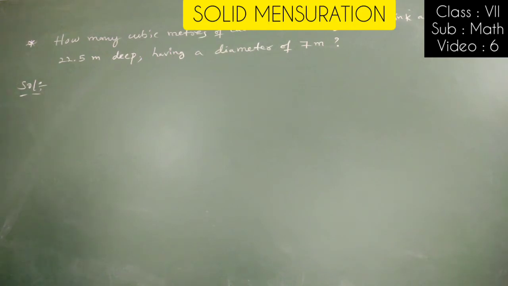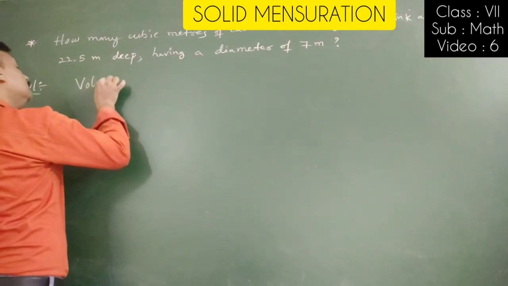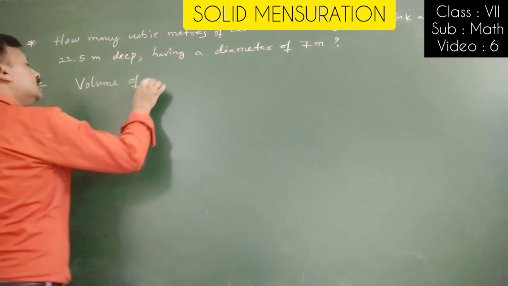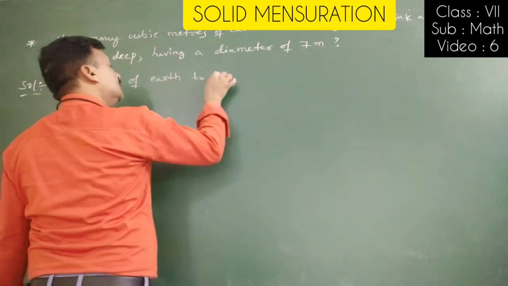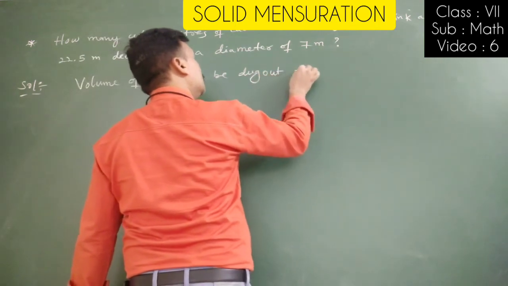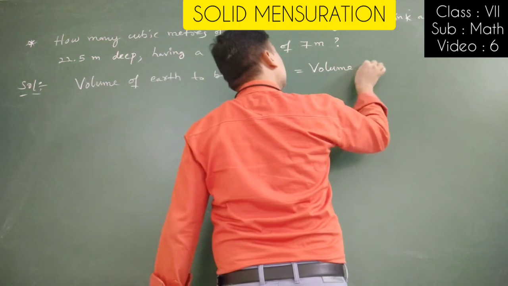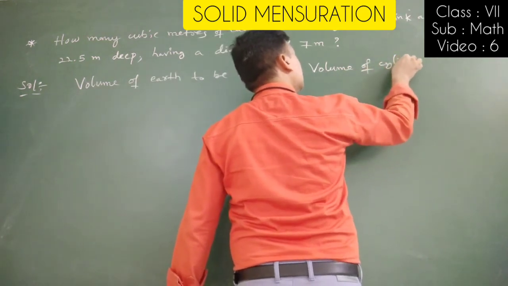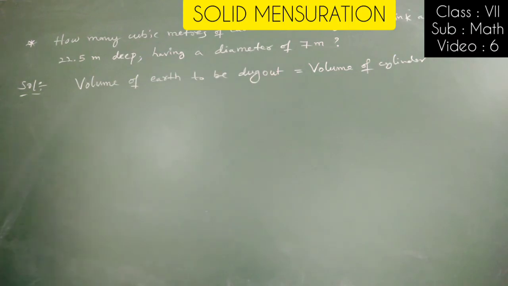First we need to find the volume of earth to be dug out. Volume of earth to be dug out equal to volume of cylinder, because the well is in the shape of a cylinder.